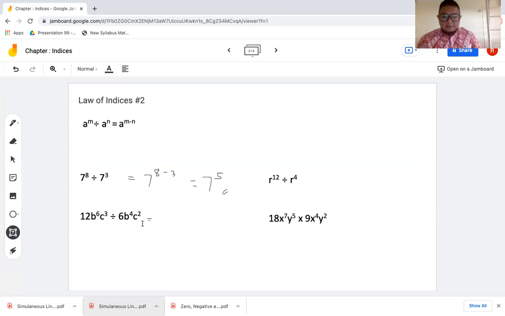What you need to do is just divide the whole numbers first. So 12 divided by 6. And then the b is going to be 6 minus 4, and the c is going to be 3 minus 2.